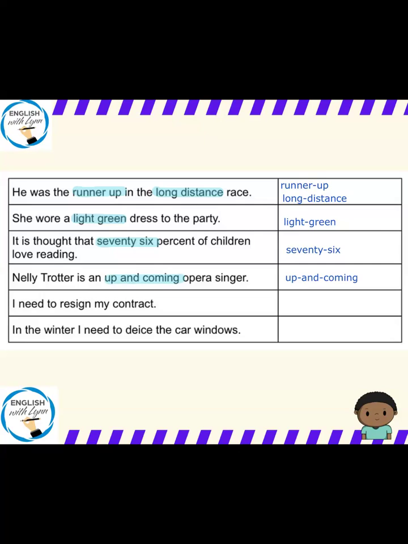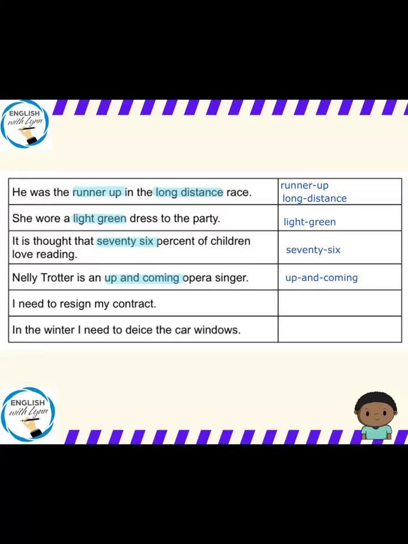And then the next one, we need to look at the meaning, because the way that it is written in this sentence says, I need to resign my contract. Now, I don't need to resign it because I want to carry on working there. What I need to do is re-sign the contract.